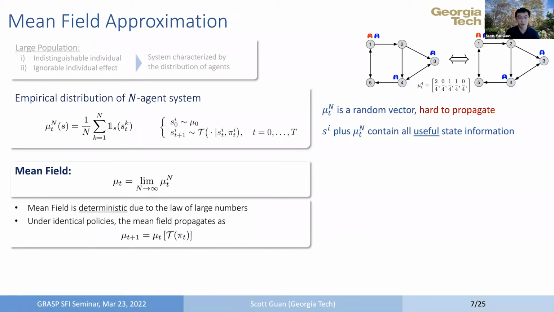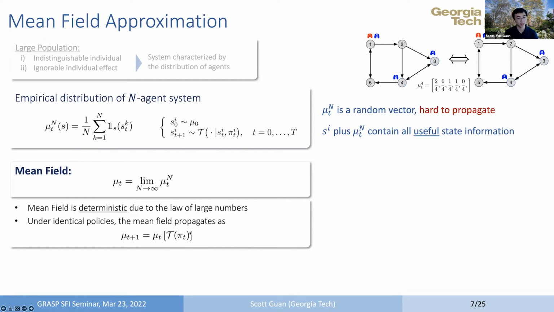Under the identical policy, the mean field has the following deterministic propagation rule. It is essentially the distribution propagation of a Markov chain induced by the agent's dynamics with a fixed policy pi, and we're assuming all agents are using the same policy.